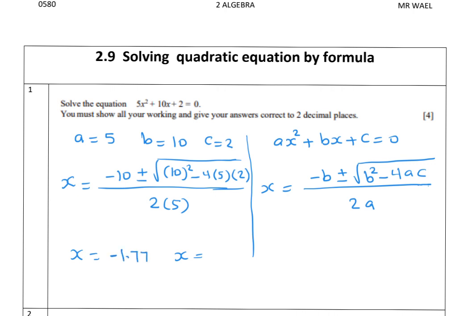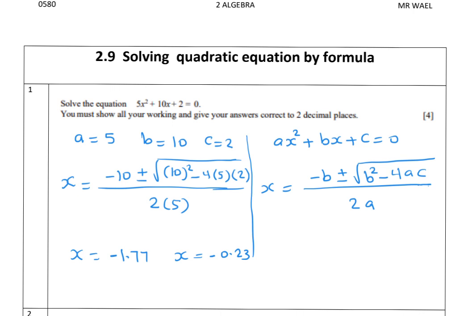The other value, we need to convert to decimal. Now negative 0.225. If you round to two decimal places, this answer will be negative 0.23, because 0.225, 5 adds 1 to the 2, so 0.23, negative 0.23.